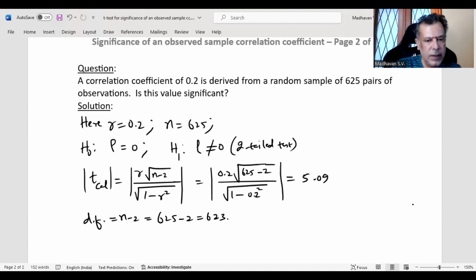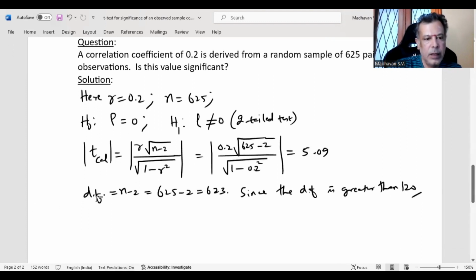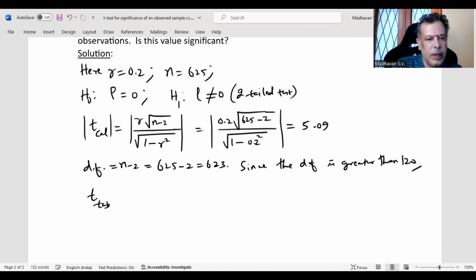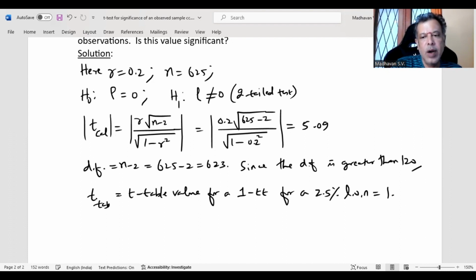Since the degrees of freedom is greater than 120, the t table value for a one-tailed test, again considering 5% for two-tailed, which means 2.5% for one-tailed, at a 2.5% level of significance is 1.96. This means the t distribution tends to a normal distribution since the sample size is very large.